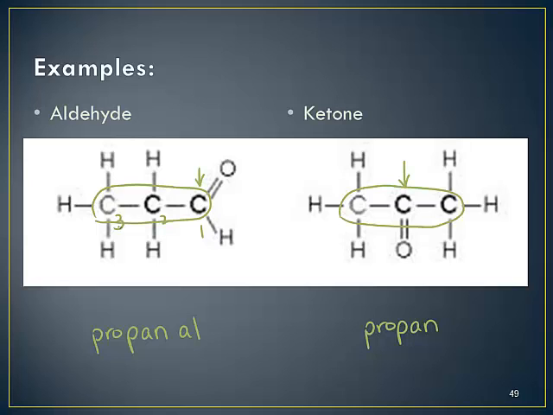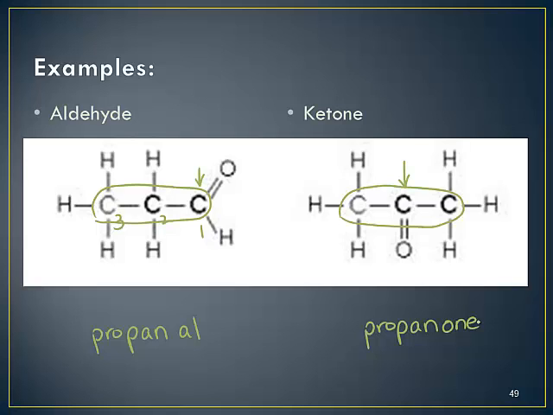So it doesn't actually require a number in this particular case. Similarly, for the second example, because we only have one internal position in which we can place the ketone carbonyl group, this is simply propanone. I wouldn't consider it wrong if you wrote propan-2-one or propan-1-al for the aldehyde, but other people may at a university level.